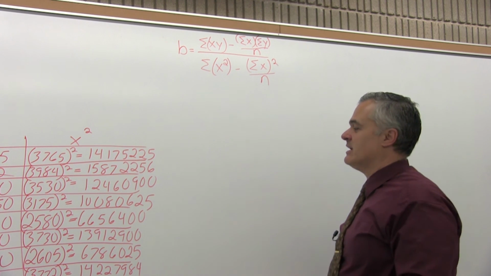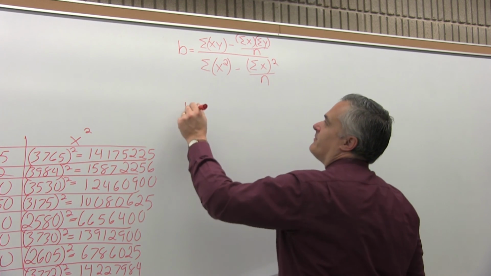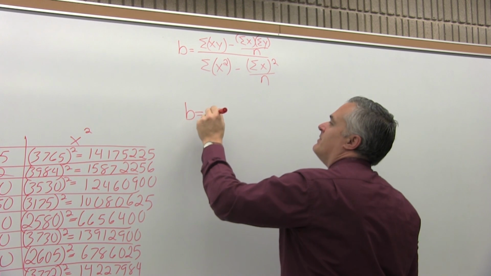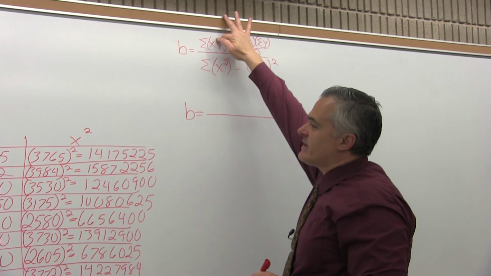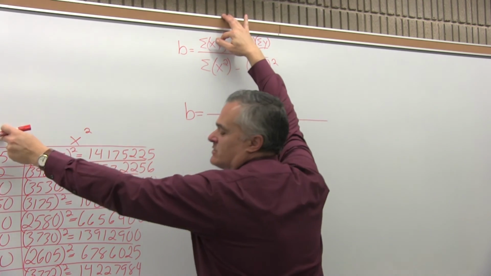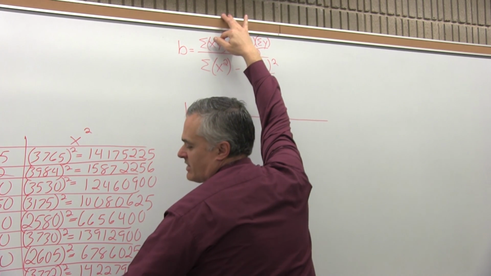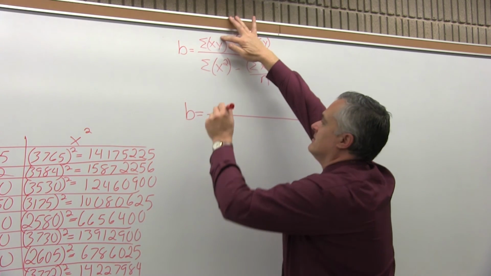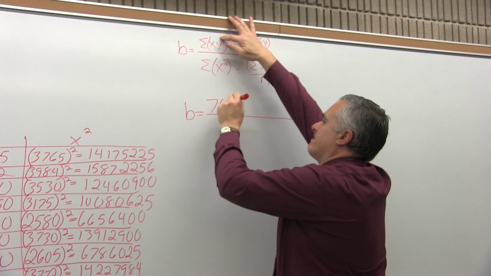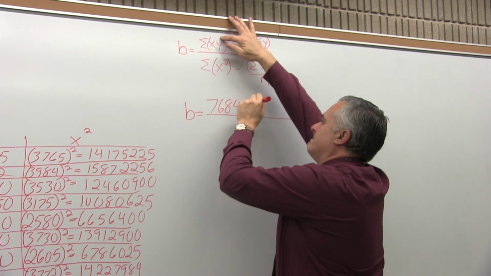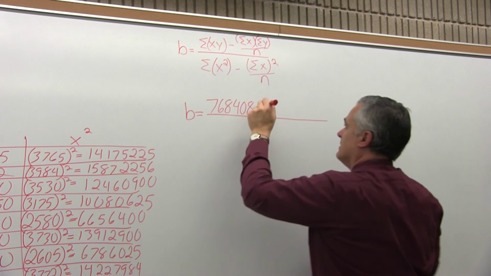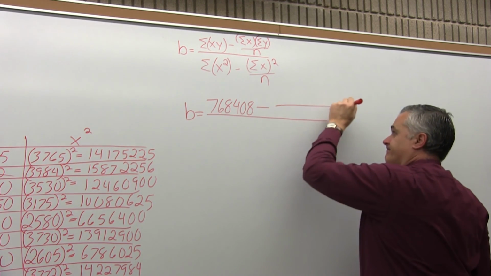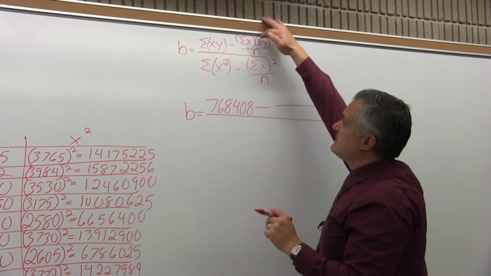So start filling it in. Here's where you really want to be careful. B equals. So first, total of X times Y. I have an X times Y column. The total is 768,408. That's total of X times Y. Then minus total of x times total of y.